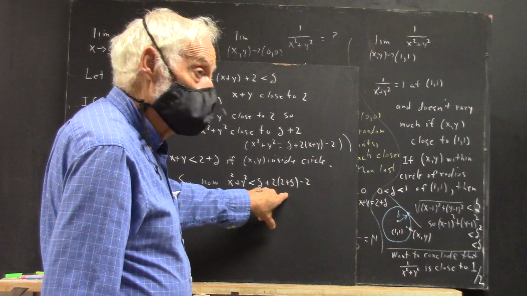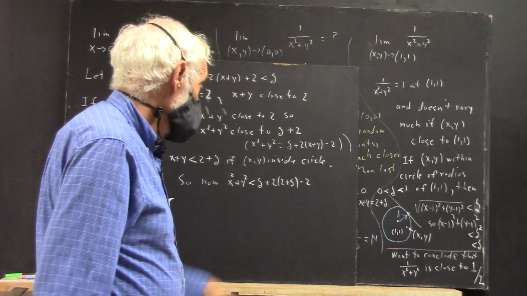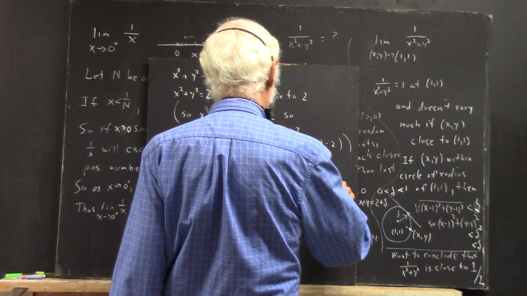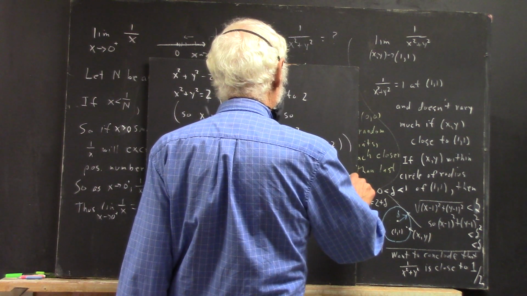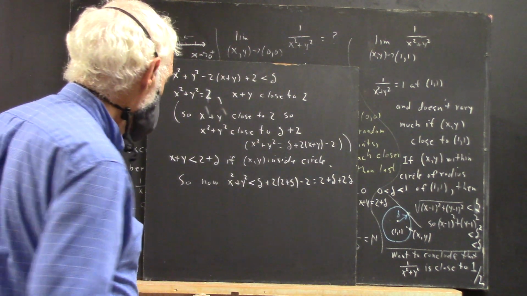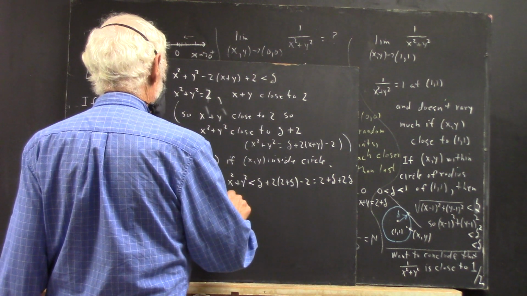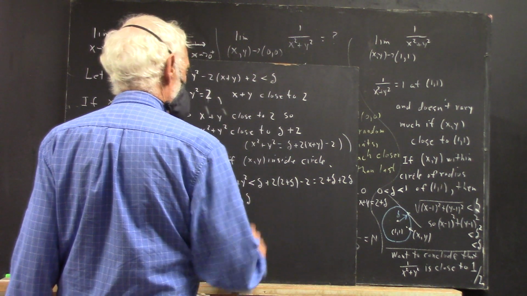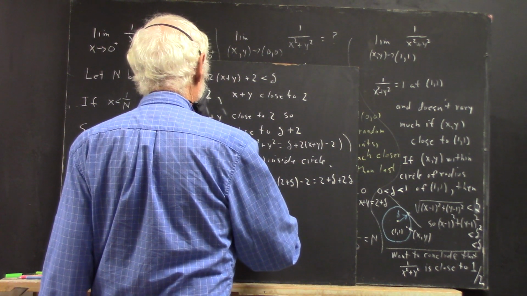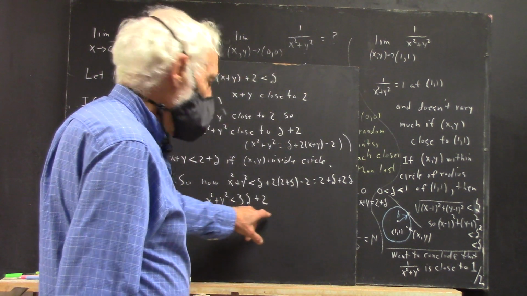X plus y can't be bigger than that, so it has to be less, and x squared plus y squared therefore has to be less than this. And then just a little arithmetic. This is 2 plus delta plus 2 delta. So that x squared plus y squared is less than 3 delta plus 2.